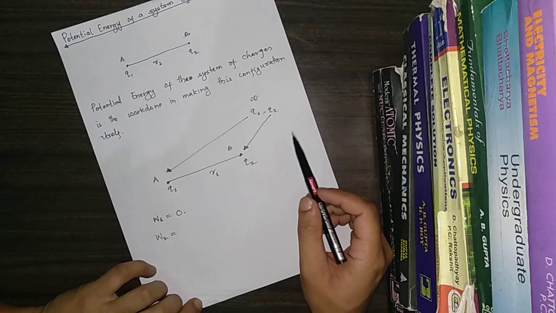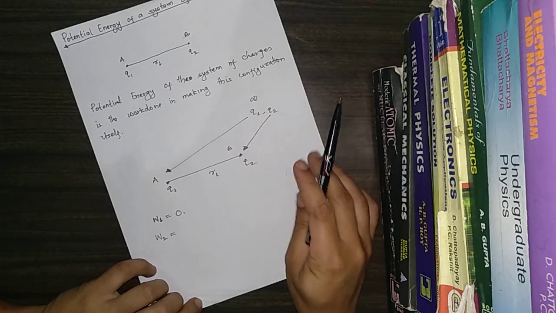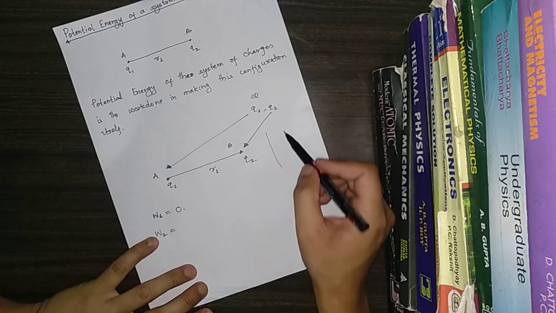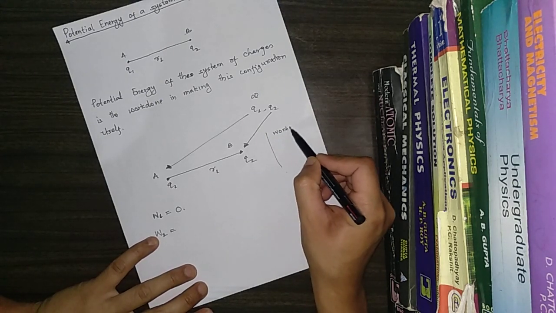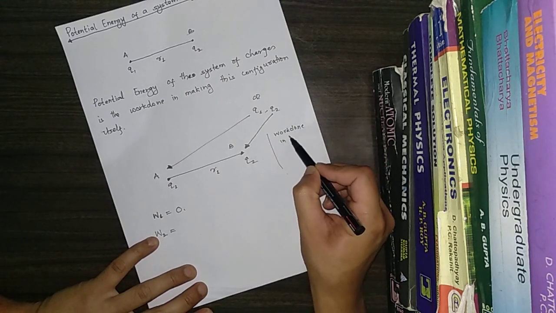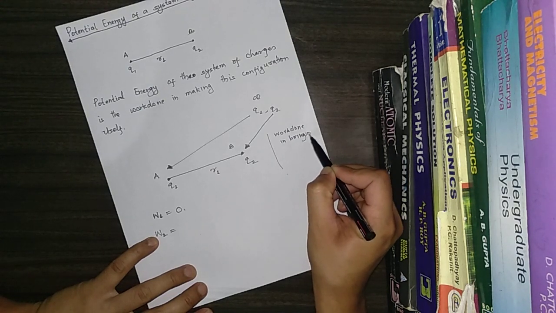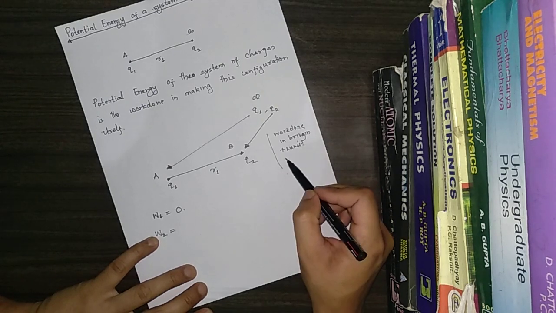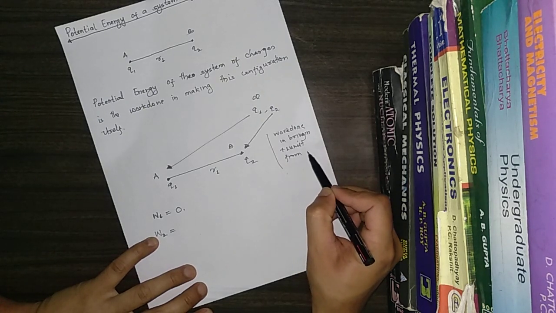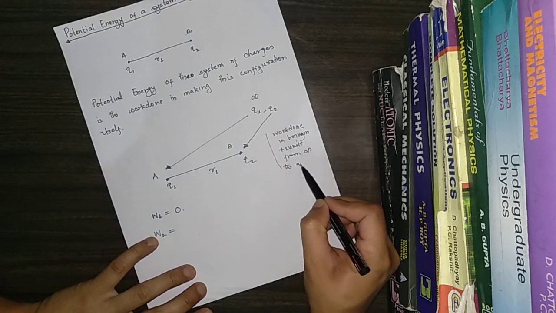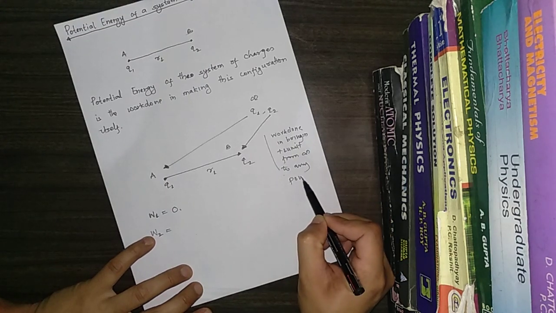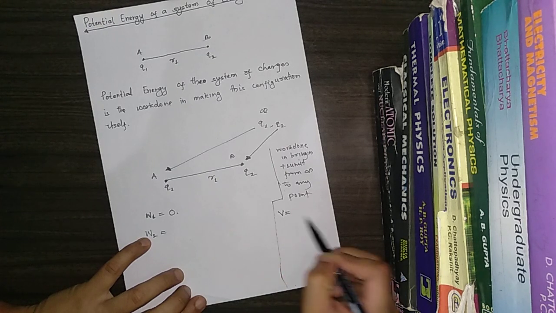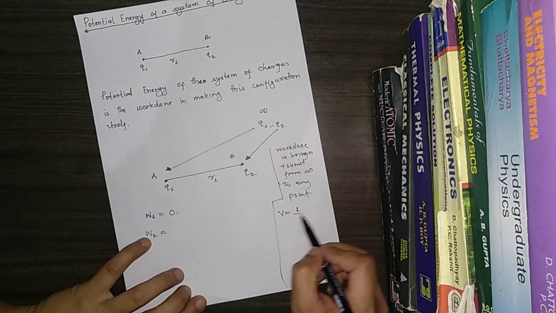We already have that the work done in bringing a unit positive charge from infinity to any point was our definition of electrostatic potential itself.